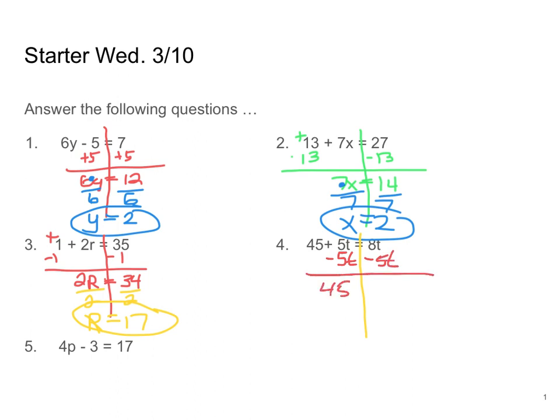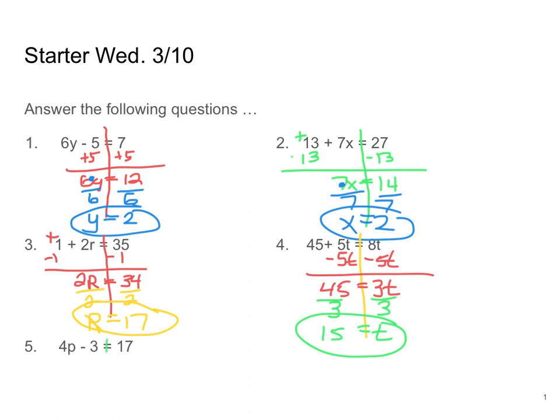So I have 45 equals, and then 8t minus 5t is 3t. And then 3 and t, they are multiplying each other, so we are going to divide by 3 on each side. 45 divided by 3 is 15.